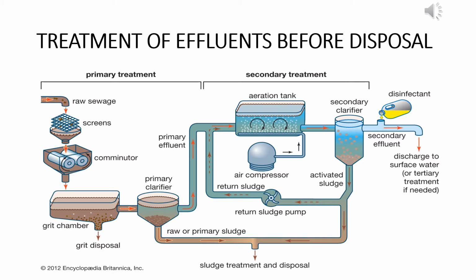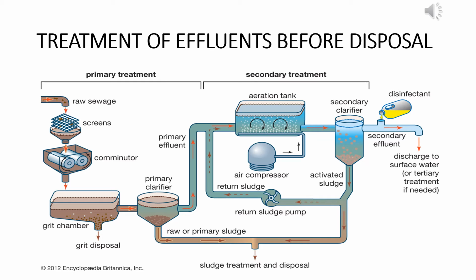The grit chamber is the chamber where the pace of the effluent water is slowed down so that the very heavy materials can get deposited or sedimented at the bottom, and we can remove that as the grit disposal, and we can take the water on to the primary clarifier.